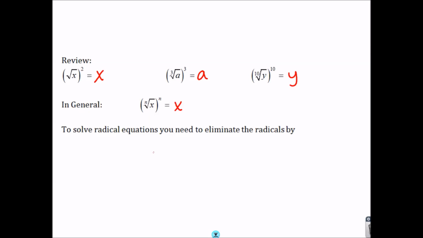So when we are solving radical equations, the first thing we have to do is isolate the radical. And then we get rid of the radicals by raising both sides to the nth power.